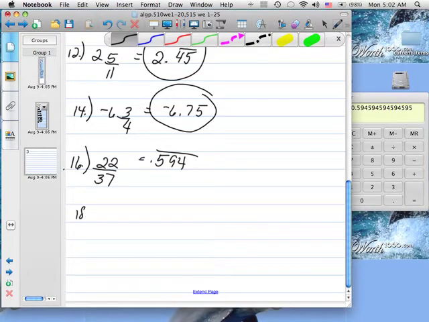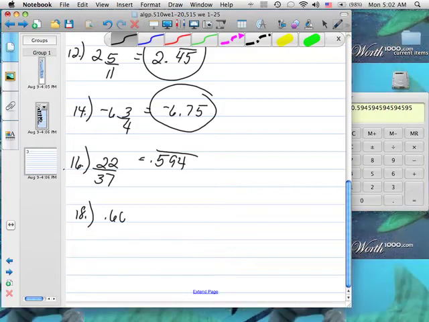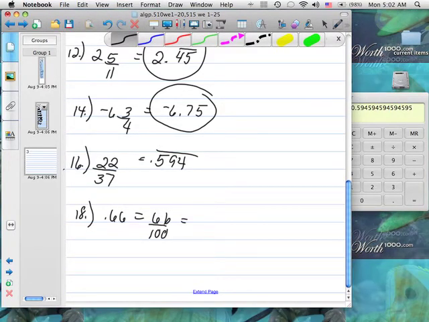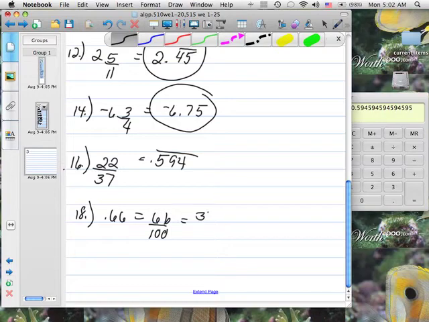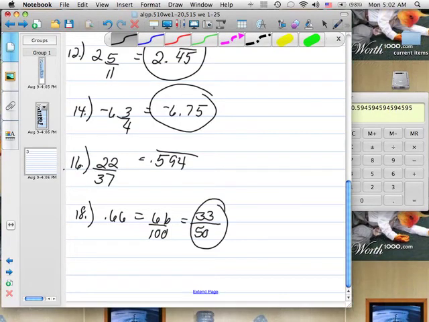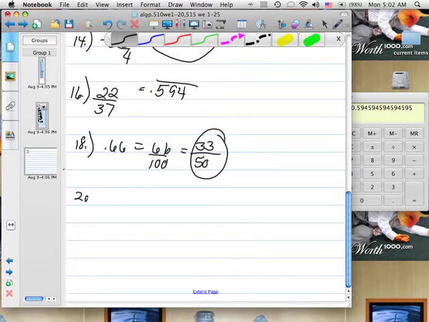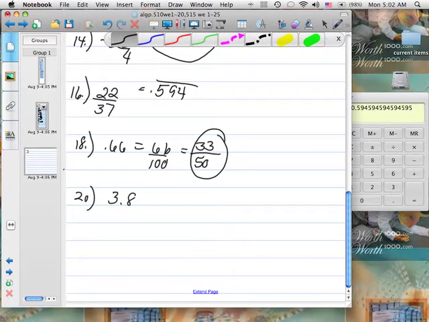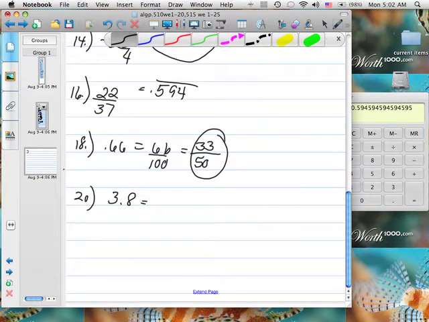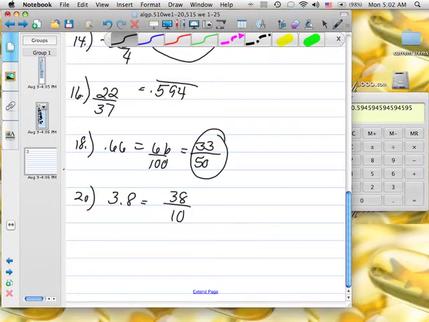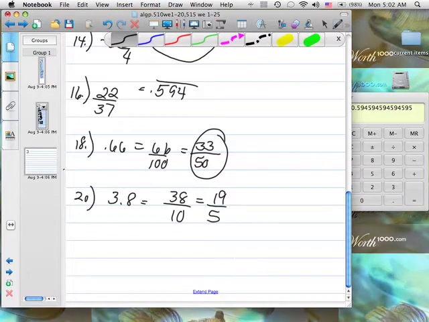So number 18, we read that 0.66 is 66 hundredths, which simplifies. 2 goes into 66, 33, and 2 goes into 100, 50. Problem number 20, 3.8 is 38 tenths, which simplifies to 19 fifths if we divide by 2.